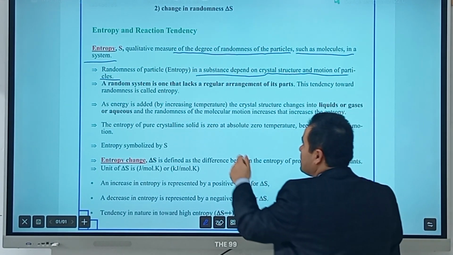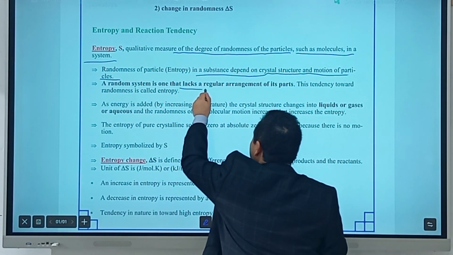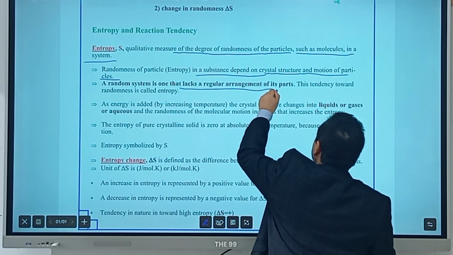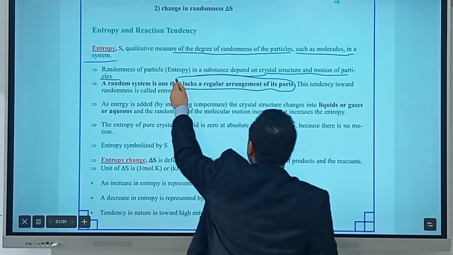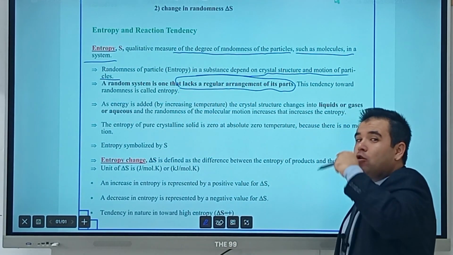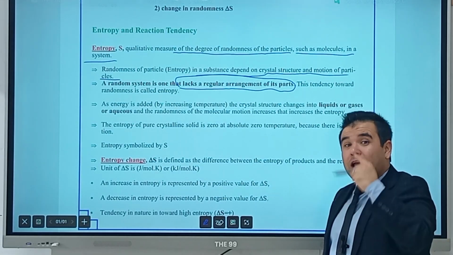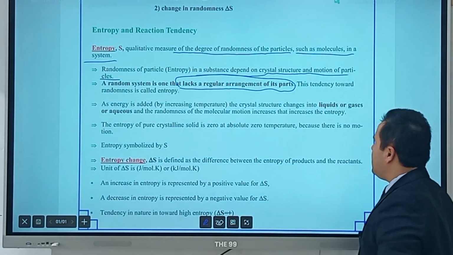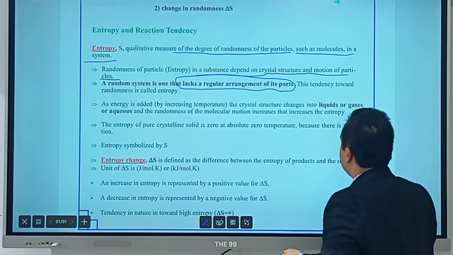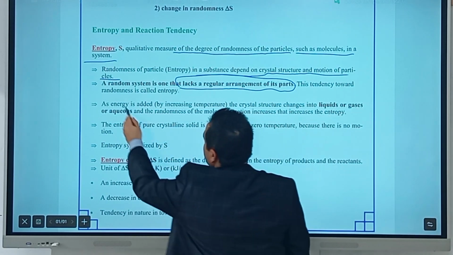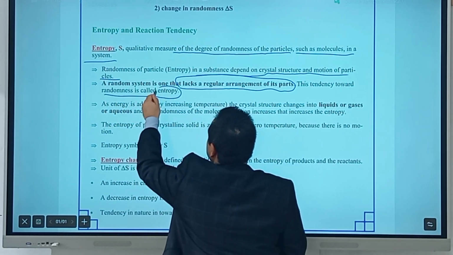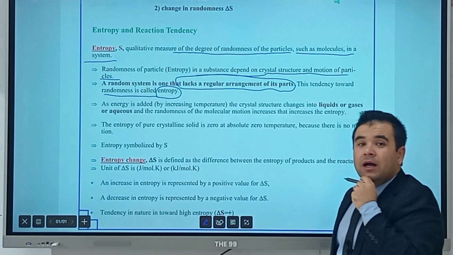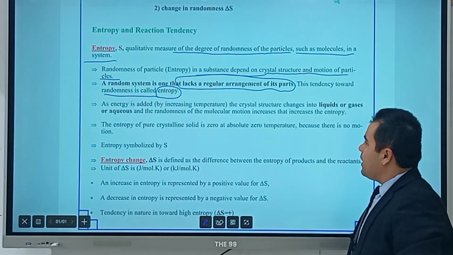A random system is one that lacks a regular arrangement of its parts. So whenever it lacks a regular arrangement, we mean a lack of orderness, that's a high entropy system. This tendency, randomness, is called the entropy of the system.